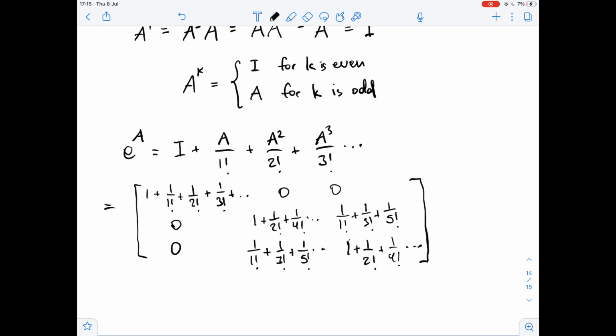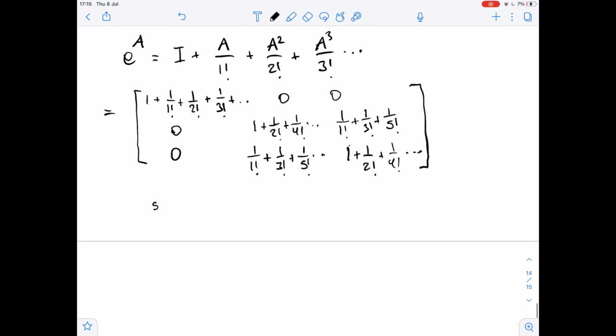So by series expansion we know that sinh of x equals e to the power of x minus e to the power of negative x over 2, which equals x plus x cubed over 3 factorial plus x to the 5th power over 5 factorial plus x to the 7th power over 7 factorial, and so on.